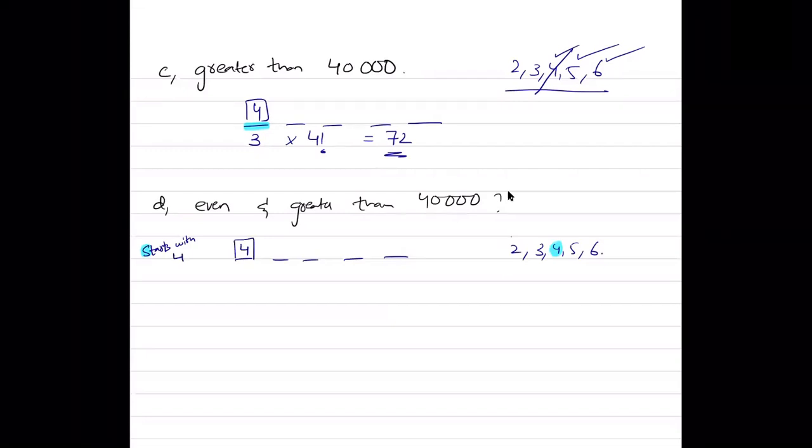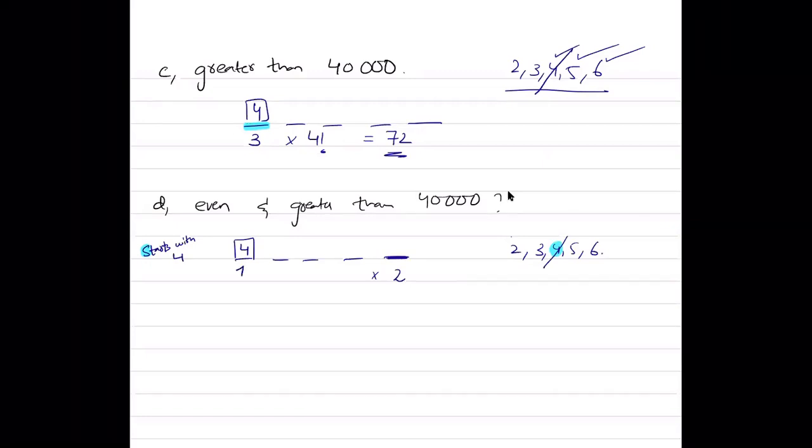I want even numbers that are greater than 40,000. Now I'm going to see what options will give me an even number. This last position can be occupied with which digits? 2, 4 and 6. But 4 is gone. So 2 and 6. I have two options for the last position. Either it can end with 2 or it can end with 6.